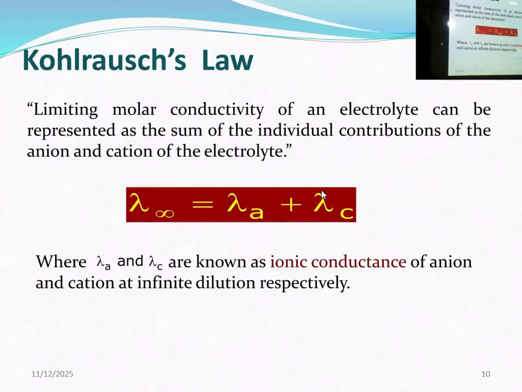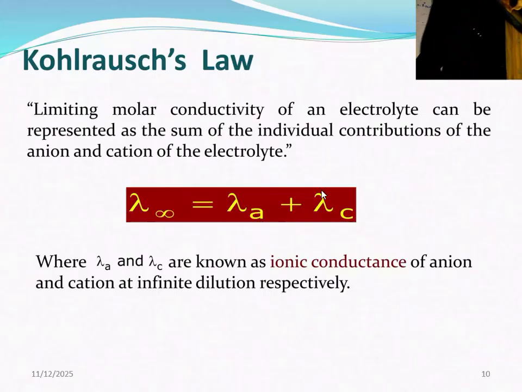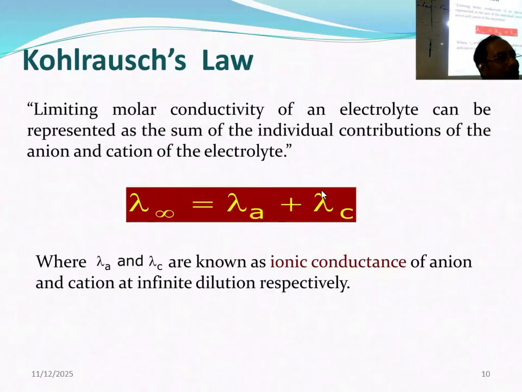That is the application of Kohlrausch's law. What do you do with the law? With the application of this law, we can find out what is not directly feasible. By doing an experiment you are not getting the desirable result, because if it is too diluted, it is practically very difficult to measure. So with the help of this formula, we can easily find it out.